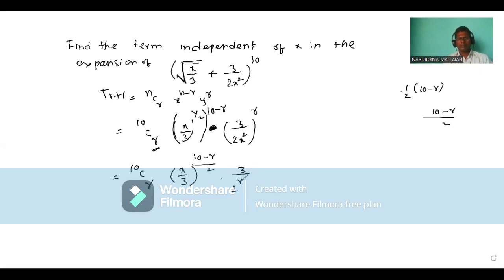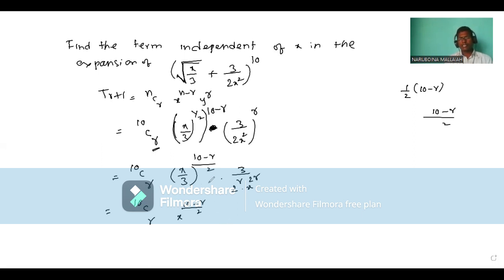Give the power to both of them. And x square into r, 2r. Now 10Cr x to the power of (10 minus r) by 2.